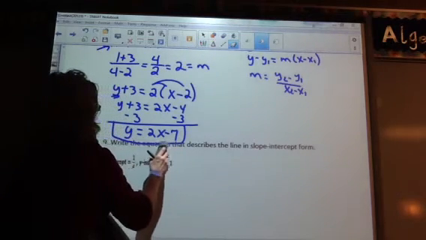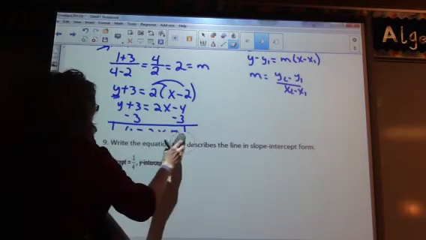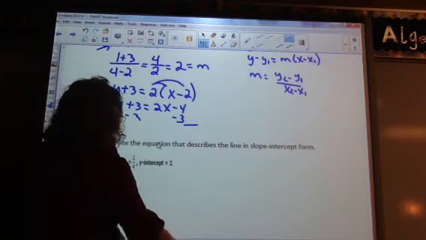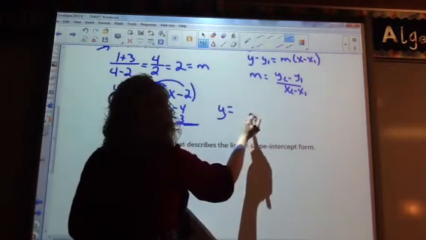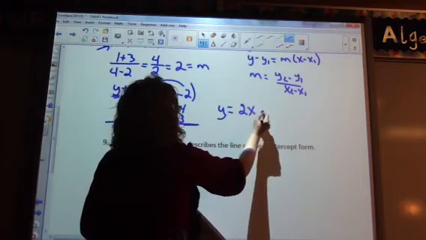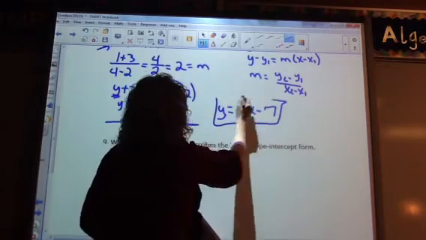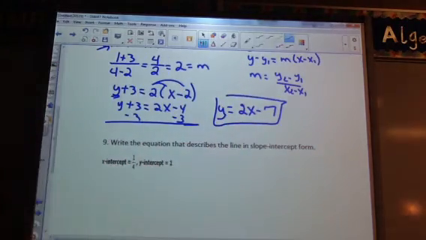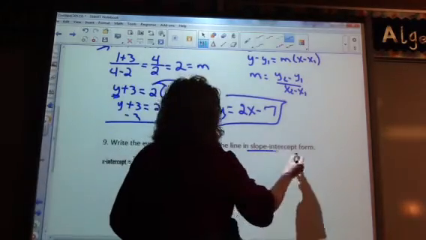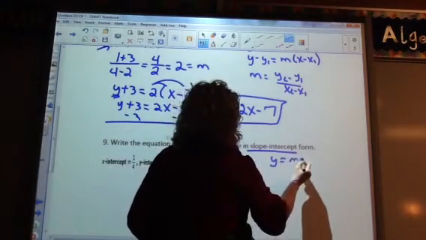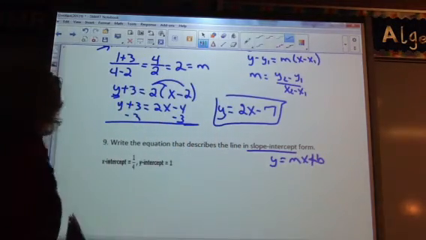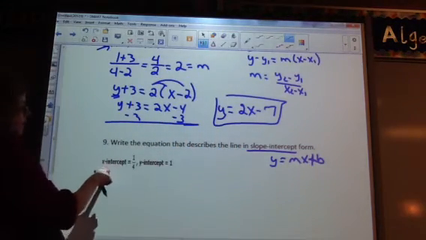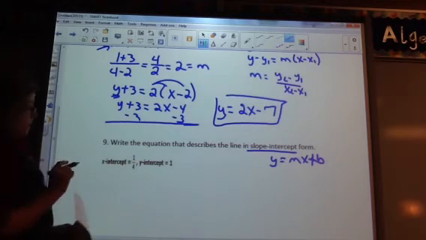Okay, on number 9 here, write the equation in slope intercept form. And we're given our x-intercept and our y-intercept.